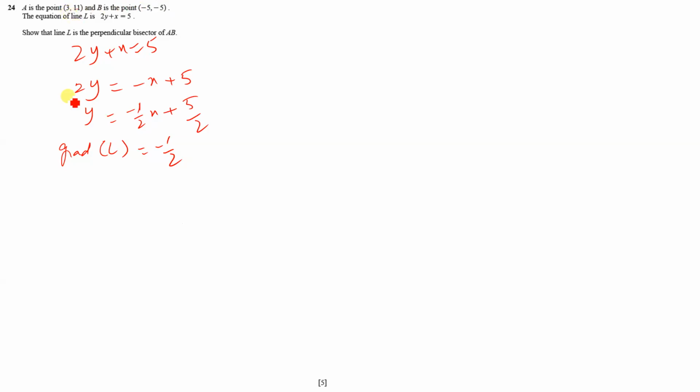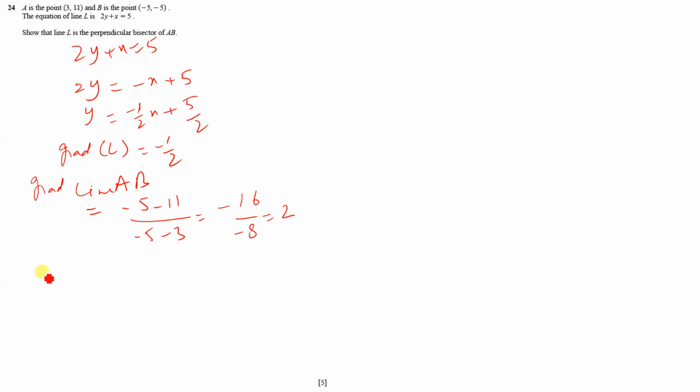Okay, now the gradient of line joining AB is equal to y2 minus y1 divided by x2 minus x1. So -5 minus 11 divided by -5 minus 3. This is equal to -16 divided by -8, and this is equal to 2. So if we multiply both the gradients, we have -1. It means both the lines are perpendicular. So one of the conditions is proved.